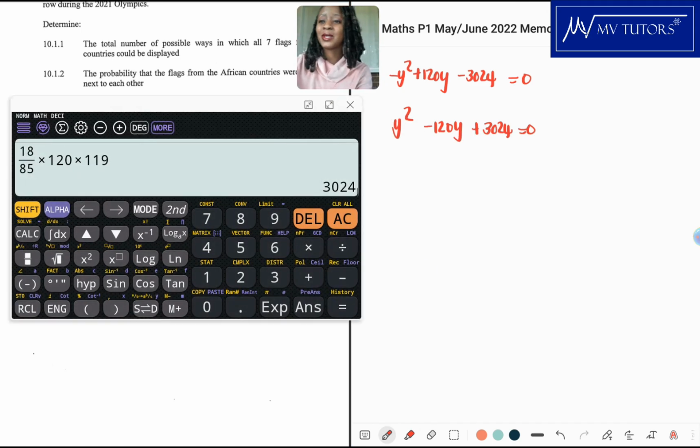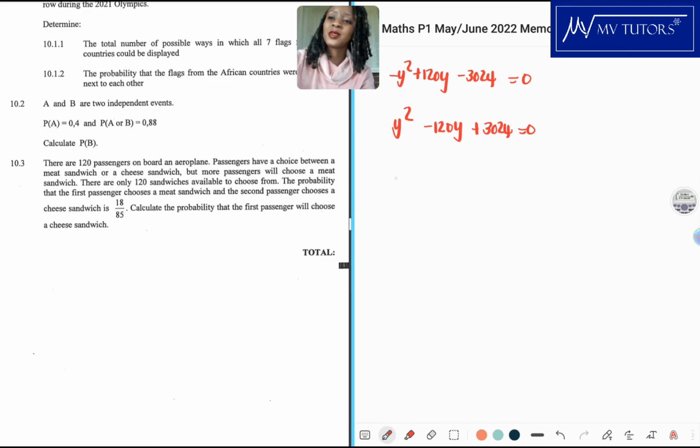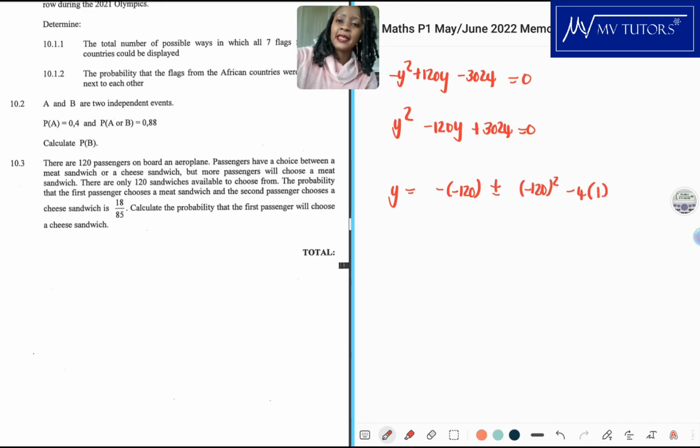That is too laborious. Okay, so I have y is equal to 120 plus or minus the square root of 120 squared minus 4ac, that is 4 times 1 times 3024, all of that over 2a.